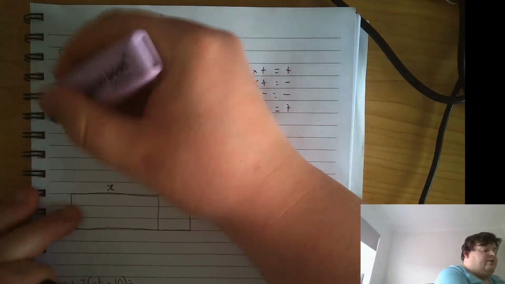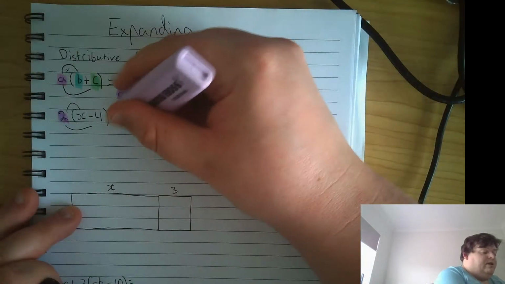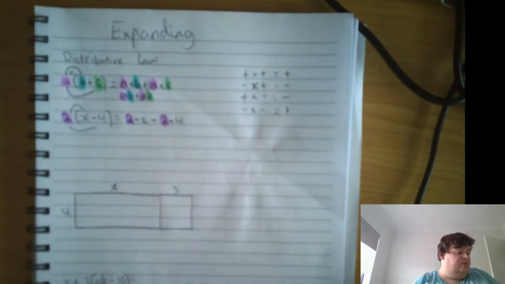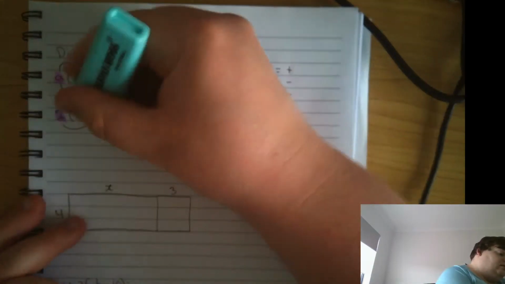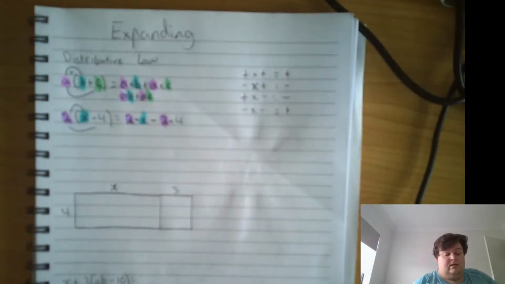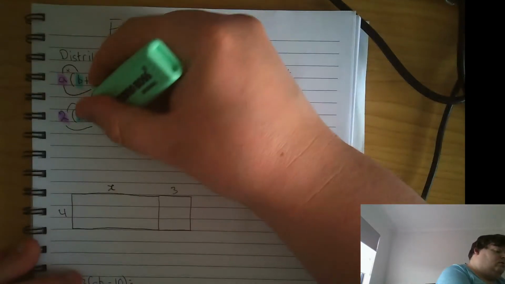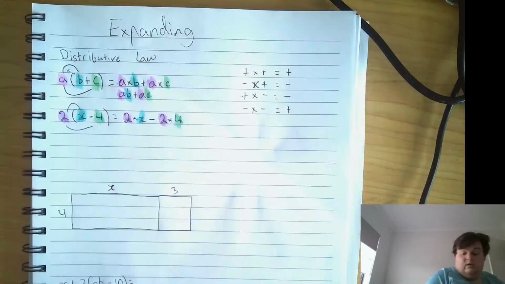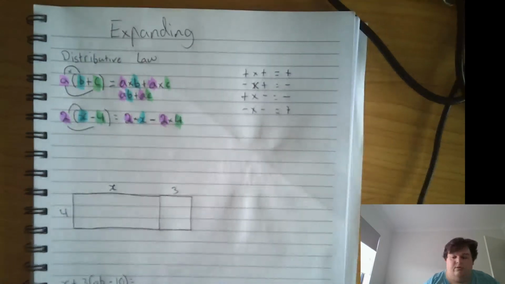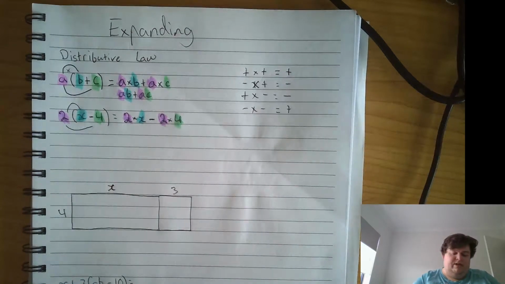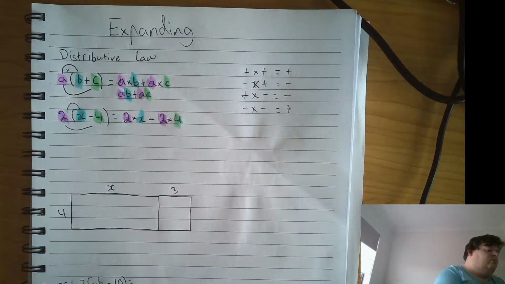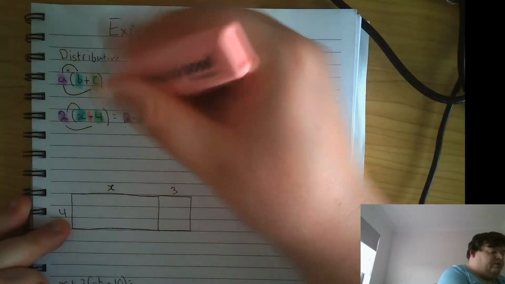Now let's color code these the same way so you can see where everything has gone. There's the 2, x and 4. I'm just going to add in another color here, so you can see that this minus symbol has also moved to here.